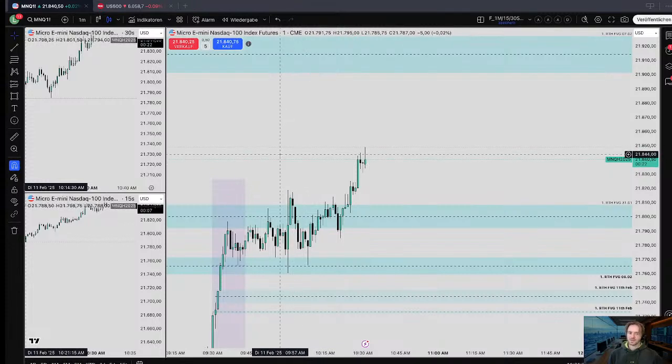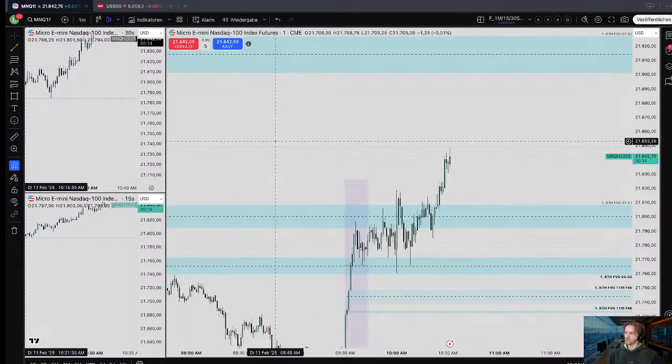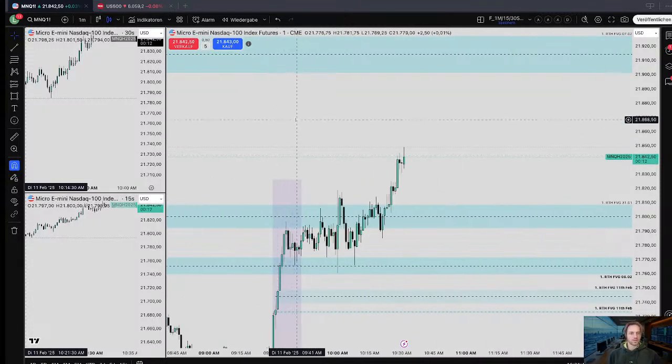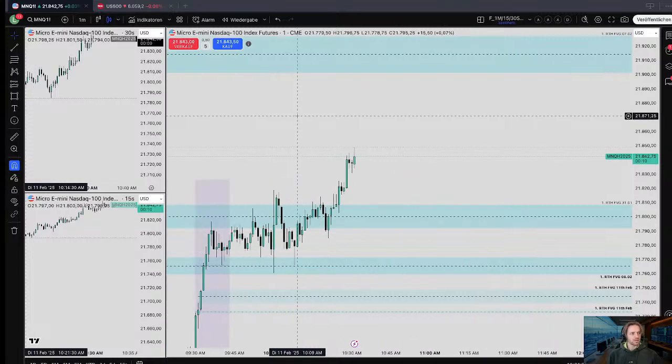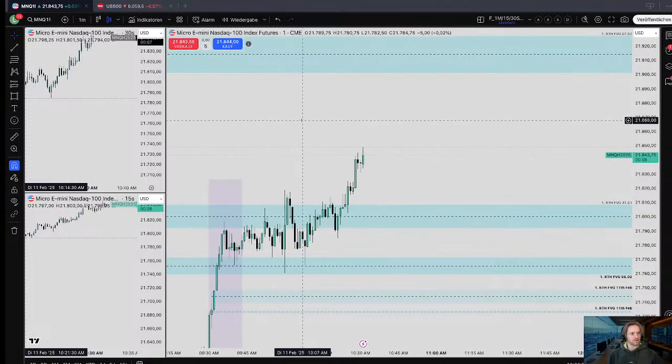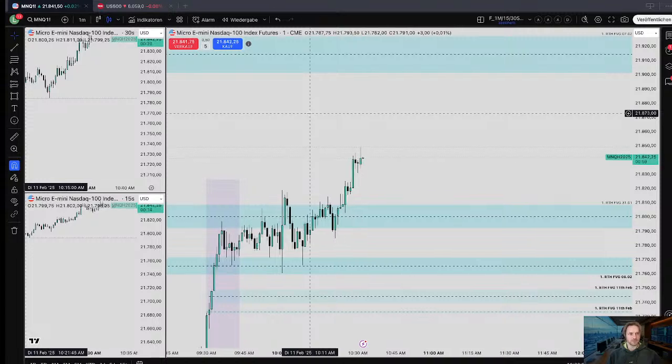If it closes above this level here, like 21844, I would like to see it shoot. Let me see. Oh no, we got here the high. I would like to see it shoot at least until here, like from 8.6 to 8.7.